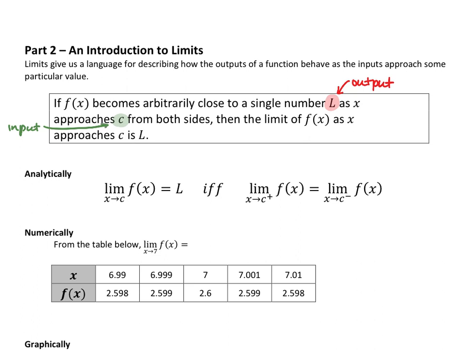And if that's the truth on both sides of the x value, then the limit of the function at that x value, or the c value, is the output L.